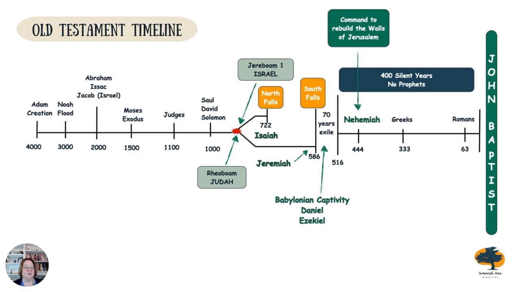All right. So our narrative in the scriptures begins in the book of Genesis, with the story of creation and Adam and Eve. And then it moves forward to Noah, which happened about 1,000 years after that with the flood. And then after that, we have the story of Abraham and his descendants.